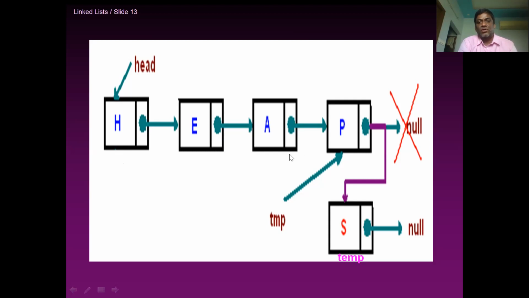Yes, there is some node, so TMP is moved here. Again, it checks. Yes, there is some node, so TMP is moved here. Again, it checks. No, TMP next is null. Therefore, the loop completes. TMP is at the last node when the loop completes.